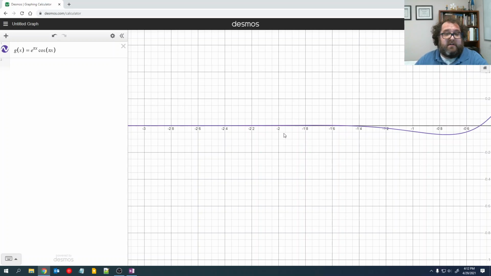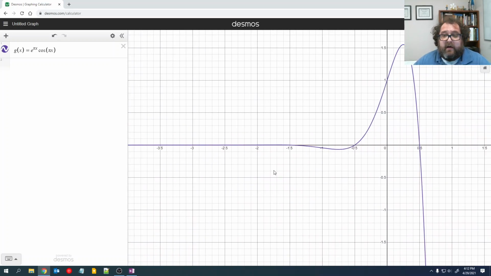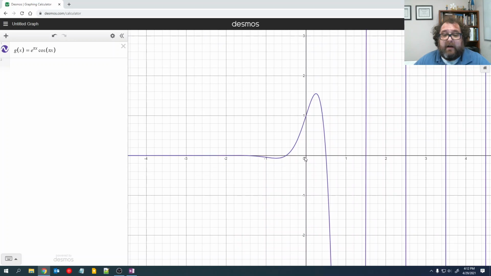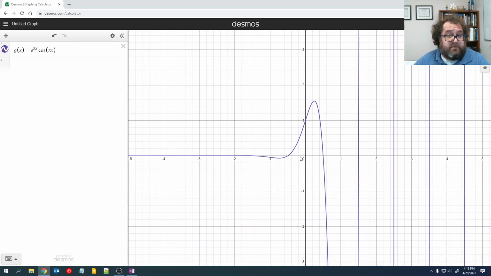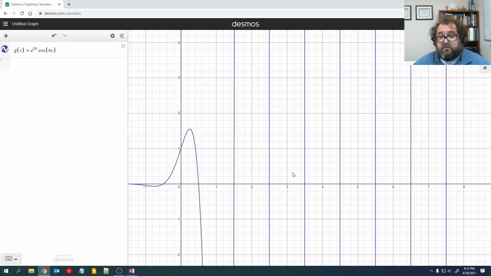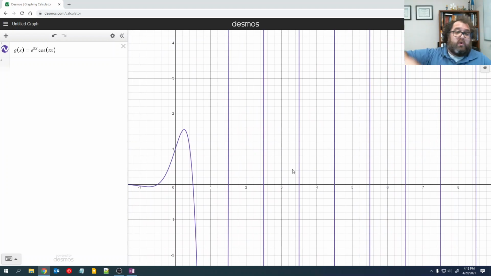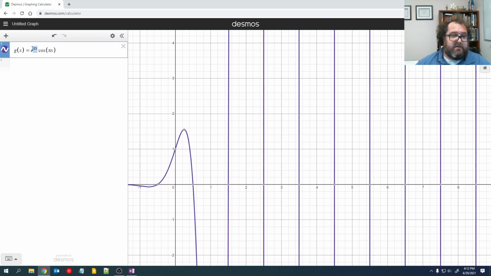So there'll be an infinite number of peaks and valleys, horizontal tangent line locations, to the left as you approach negative infinity, but also to the right, where there are crazy oscillations, way up and way down, because of this factor right here.